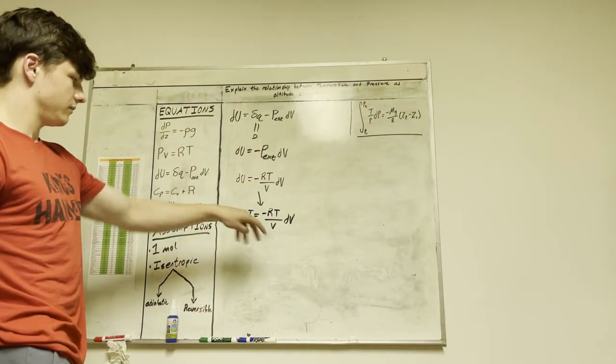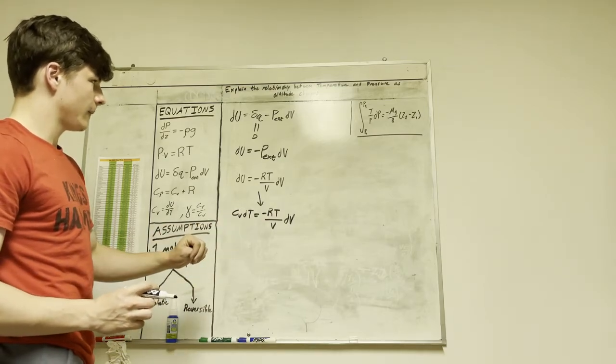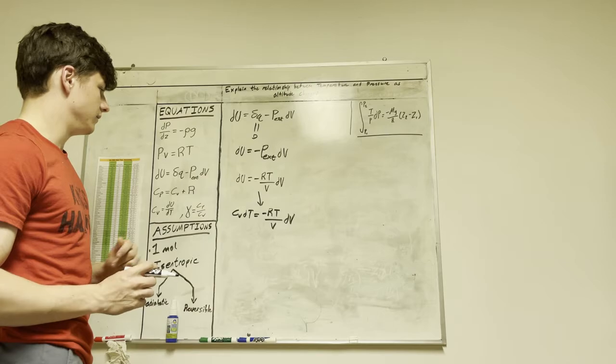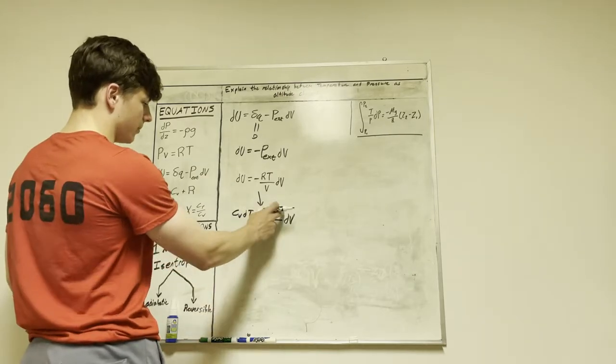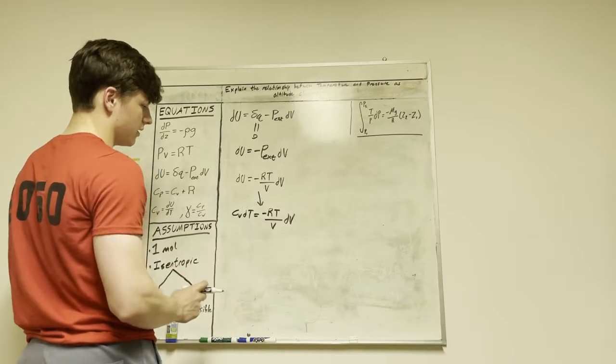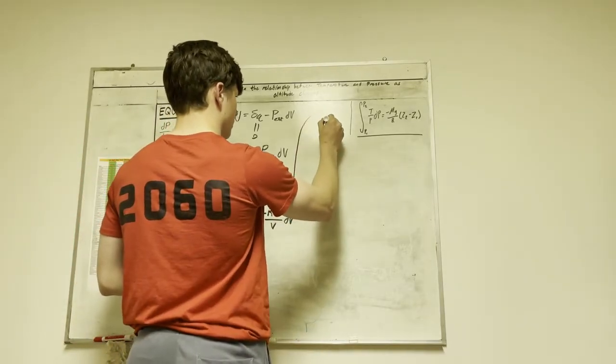And with this, we can move certain variables around and then integrate. And so we'll move temperature to the left side and keep volume over here.